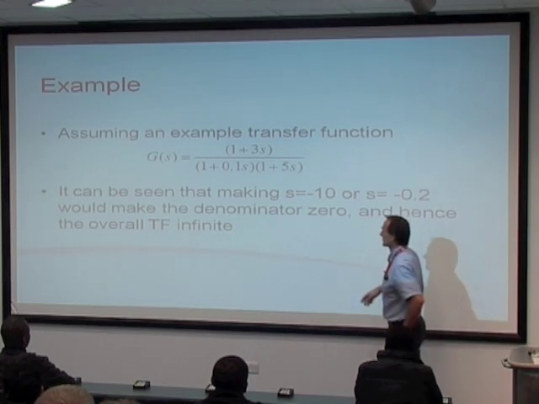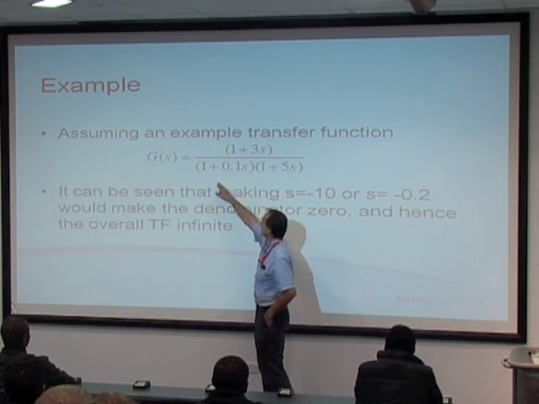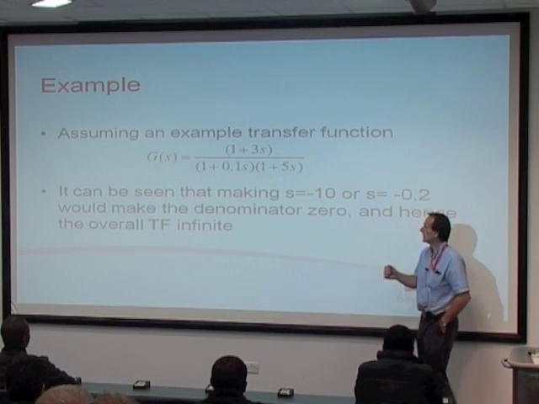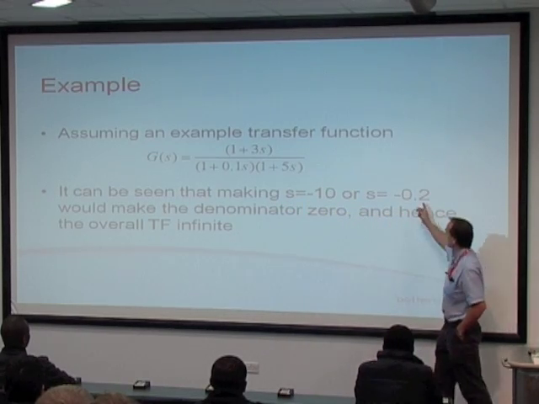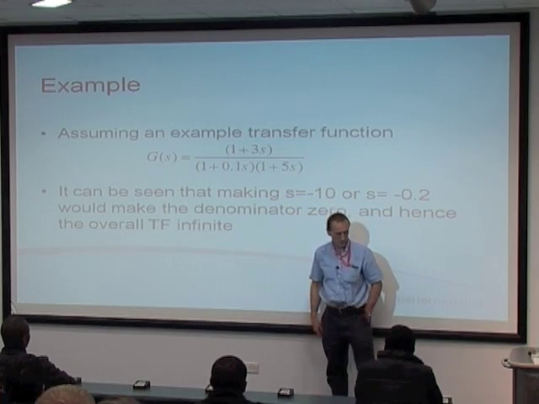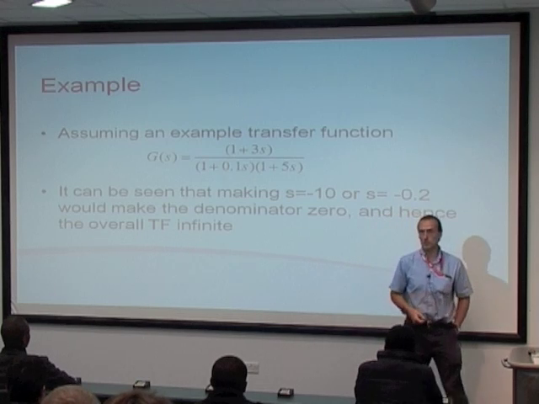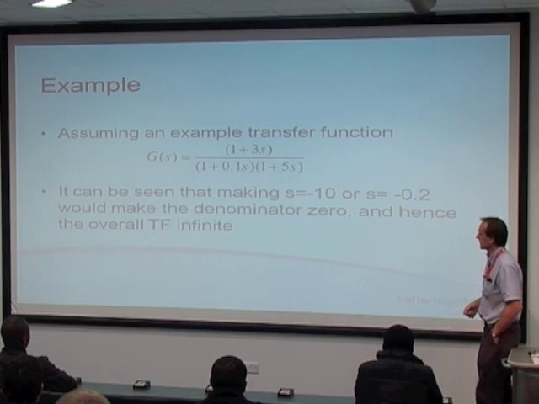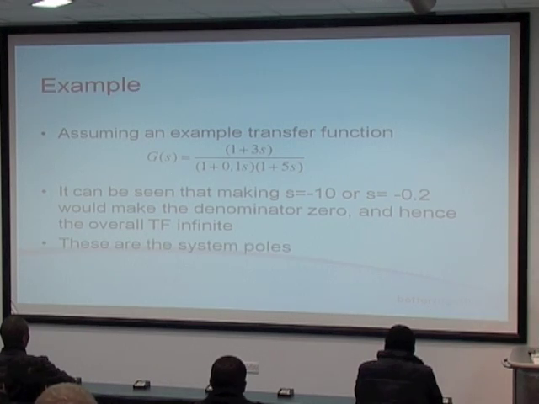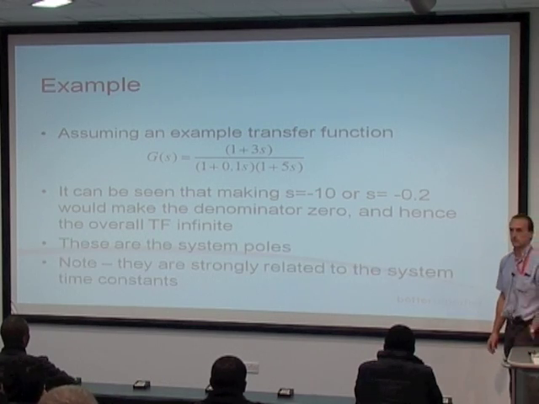Okay, s equals minus 10, pop it in there, that becomes 1 minus 1, which is 0, times the other brackets, it's still 0. And similarly, if we make s equals minus 0.2, that's the one related to this part of the transfer function, and again, we'll get an infinite response. Okay. And they're the system poles.